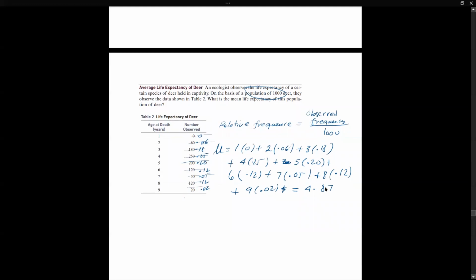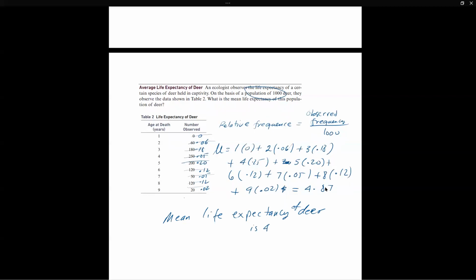And you try these, you get 4.87. So the mean life expectancy of the population of this deer is 4.87 years.